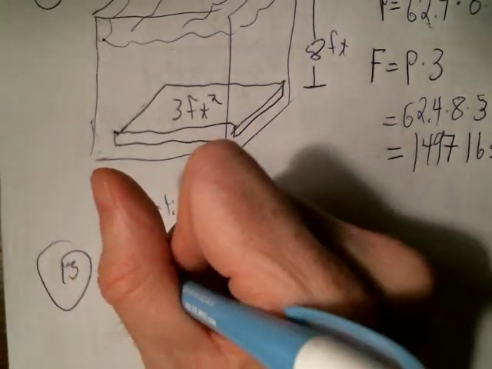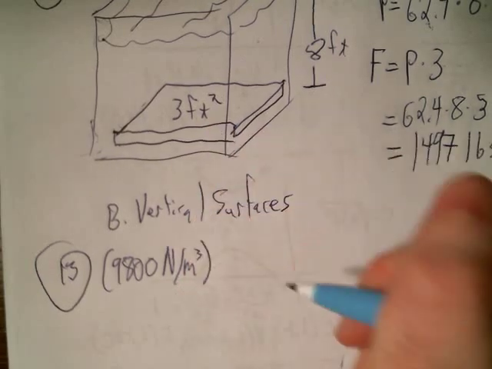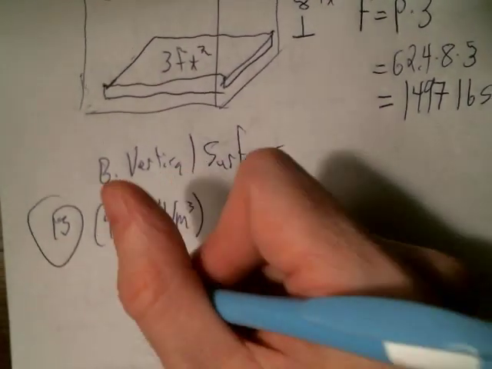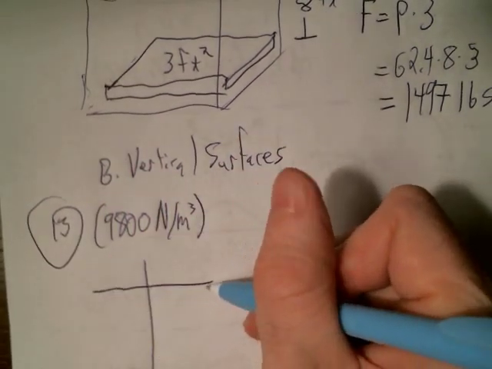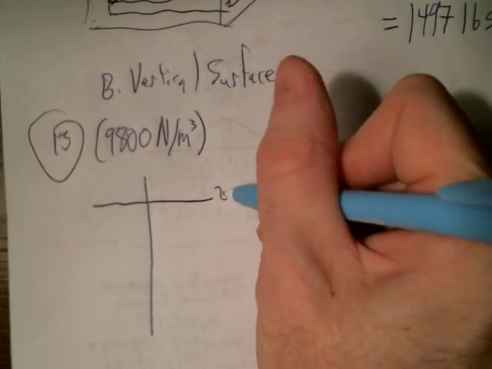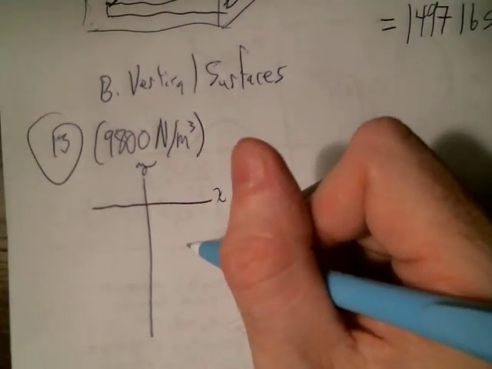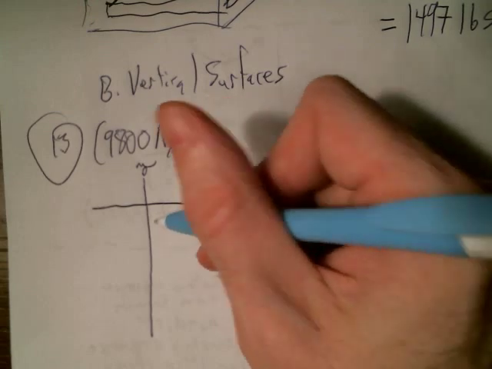So number 13, we want to find the fluid force on a submerged plate. We're in newtons per meter cubed, so 9,800 newtons per cubic meter is the weight density of the water. We'll orient it so the surface of the water is at the x-axis, and the center of the plate is 3 units below the x-axis.